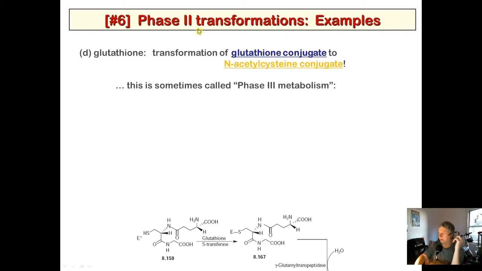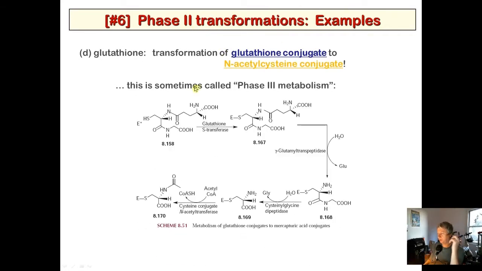And so phase 3 metabolism, an example, is if we have an electrophile, and knowing that glutathione reacts with electrophiles, it'll attack the electrophile and form a conjugate. The enzyme that catalyzes this is glutathione S-transferase, and then an enzyme will actually remove the glutamic acid portion that's conjugated to glutathione. So it cleaves this peptide bond.